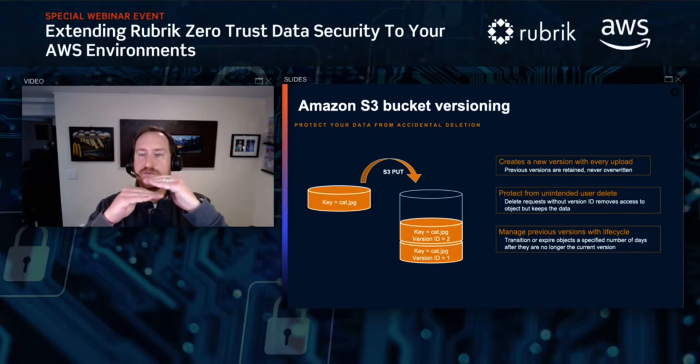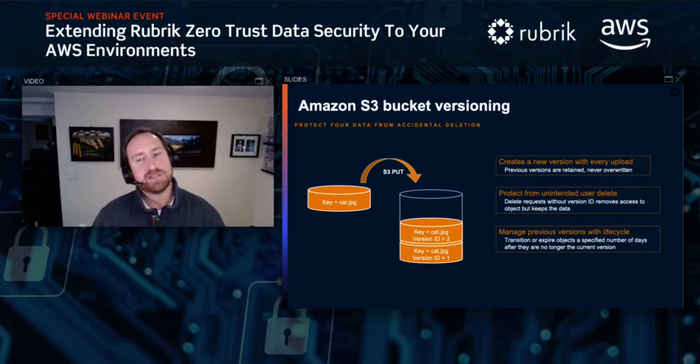Instead of physically deleting an object out of S3, we'll place a deletion marker on it so that it's logically deleted, but not physically deleted. So bucket versioning and object versioning is the foundational layer to enable all of our data protection features in S3, everything from ObjectLock to our own object replication features. It all starts with versioning. And that's the first capability that would be enabled automatically by Rubrik when we enable ObjectLock on your archival storage locations through Rubrik.